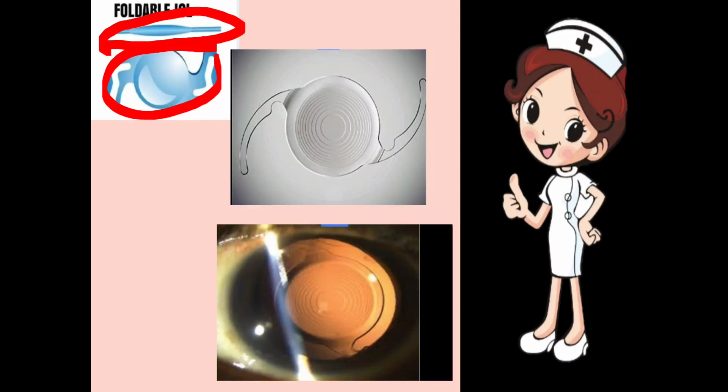The benefit of the foldable lens is that we put a small incision here and insert the foldable lens inside the eye. But if we use the PMMA lens, which is a hard lens, we are supposed to give a big incision here, then we insert the lens. So this is the benefit of the foldable lens.